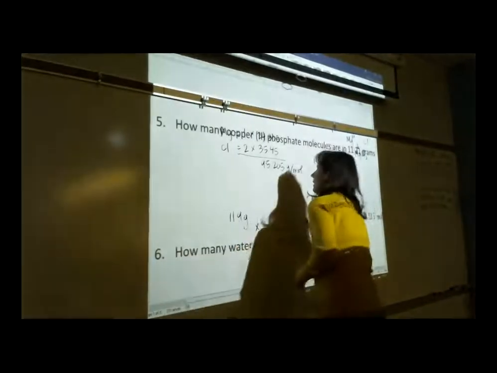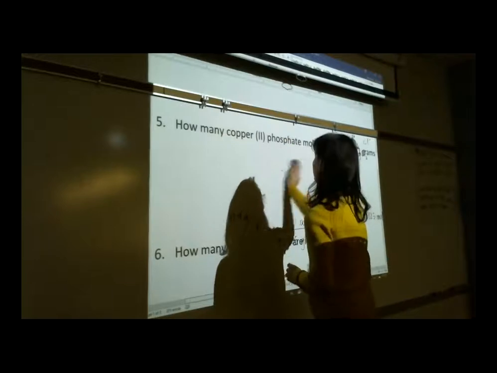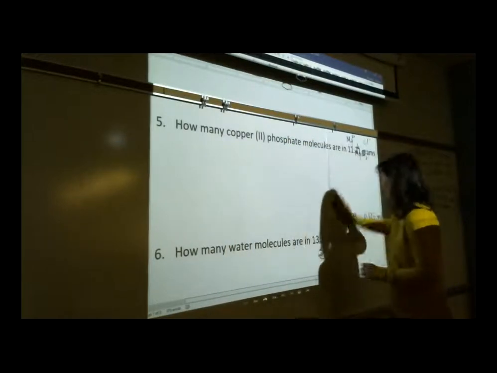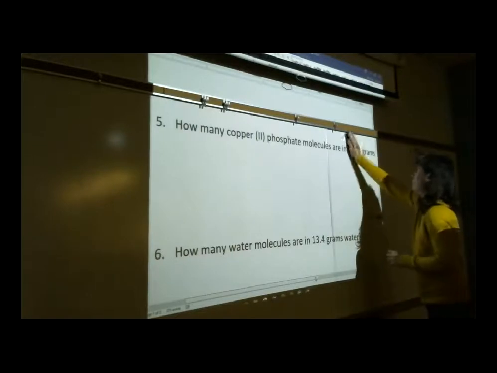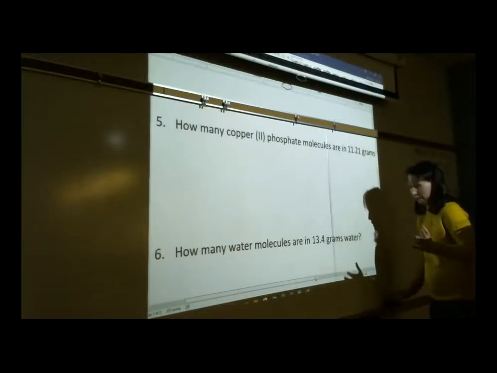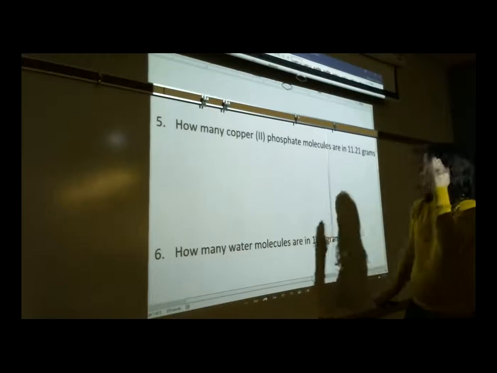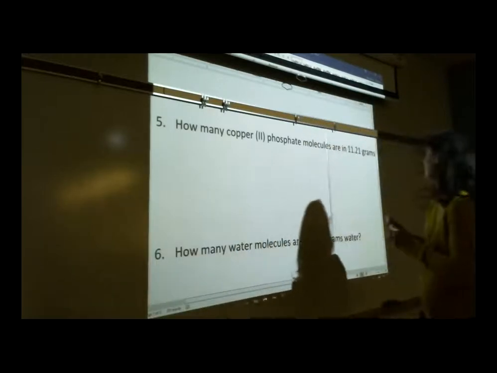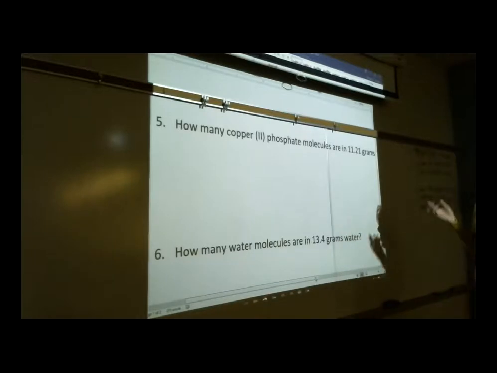Is that something I can do in one calculation? Nope, it's not. It's a 2-step problem, right? Because I can't go straight from grams to molecules. I have to go from grams to moles, then moles to molecules. But the first thing I need to do is calculate its molar mass. But before I can do that, I need to know its formula, right?